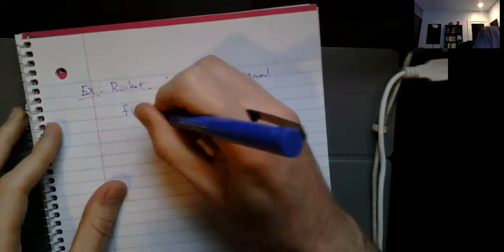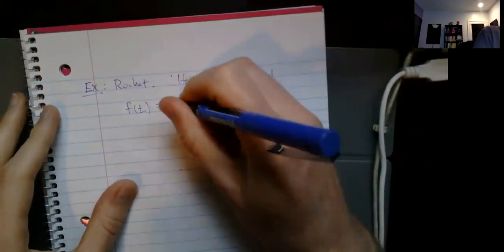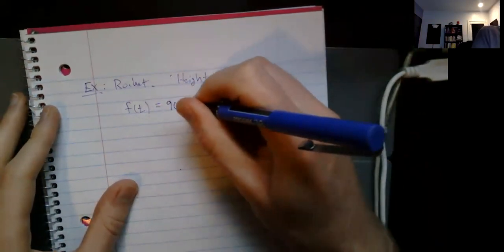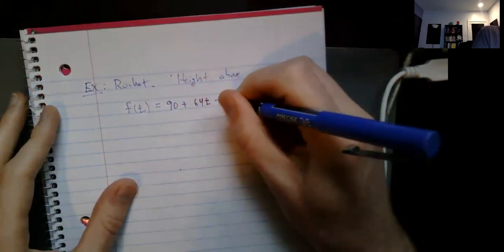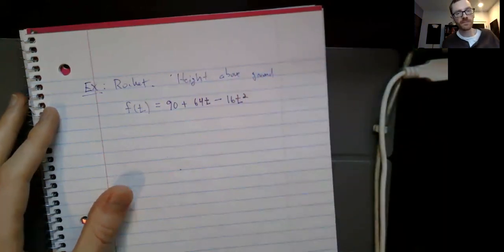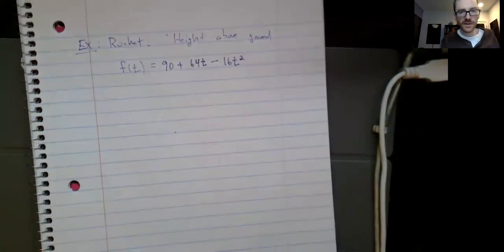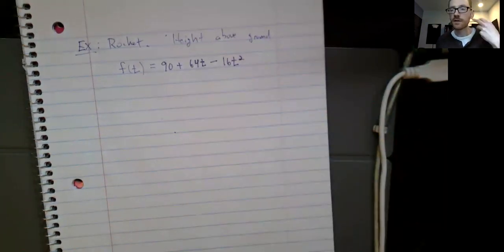f(t) = 90 + 64t - 16t squared. Okay. So let's say that this function describes the height of the rocket above the ground at any time t.